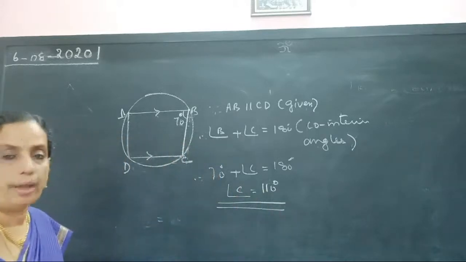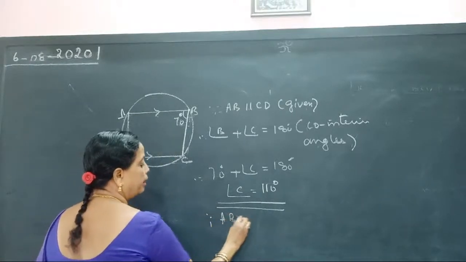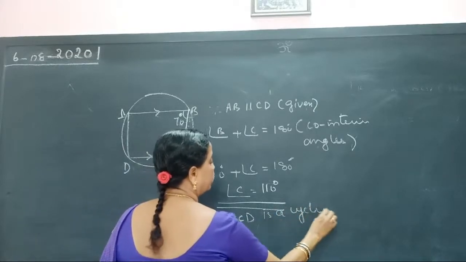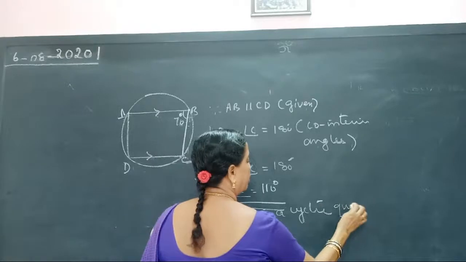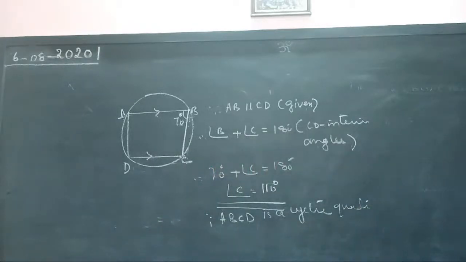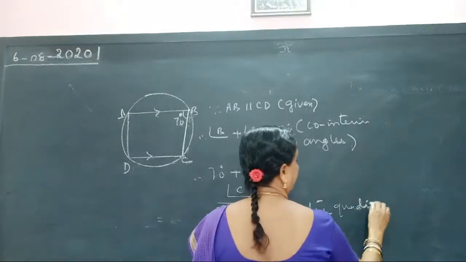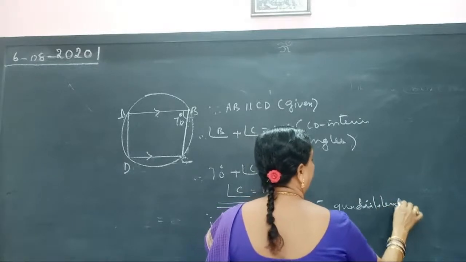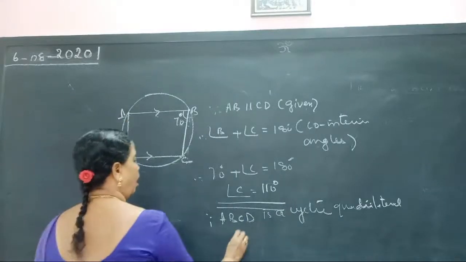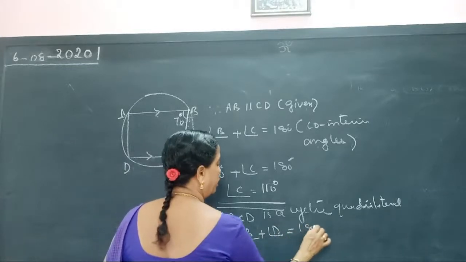Okay. Now again, since ABCD is a cyclic quadrilateral, when it is a cyclic quadrilateral, we have the property angle B plus angle D equals 180 degree.